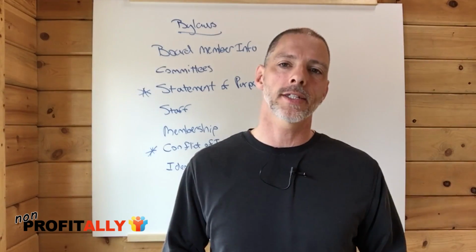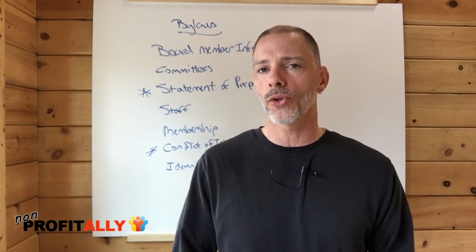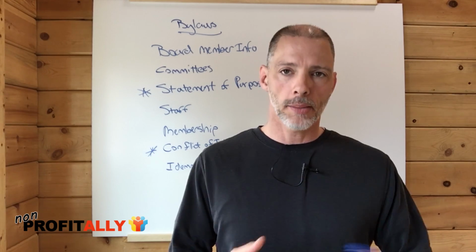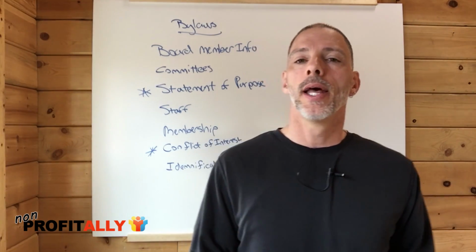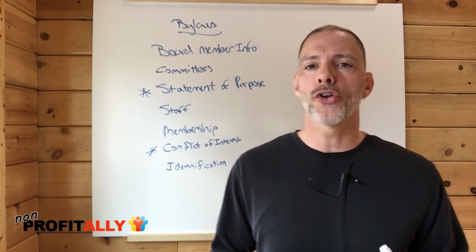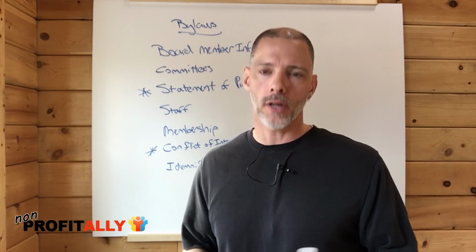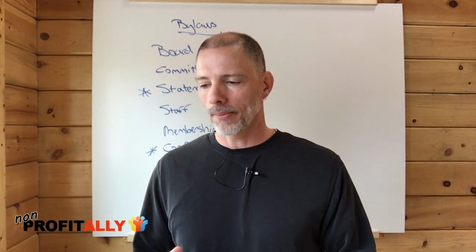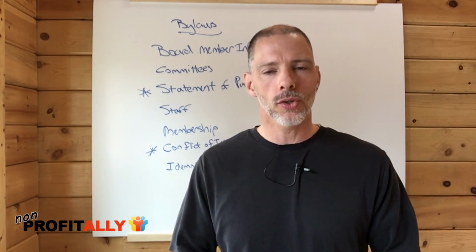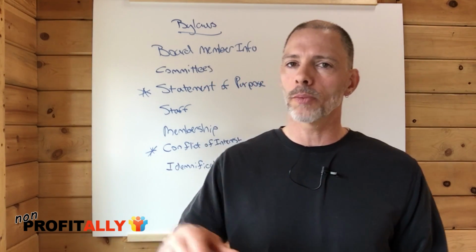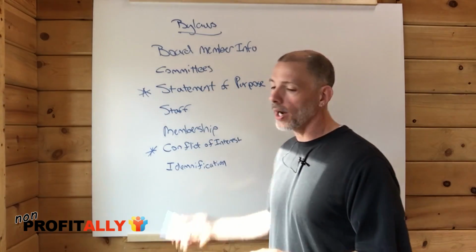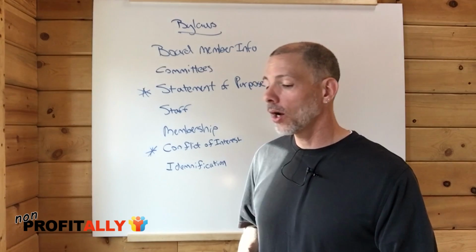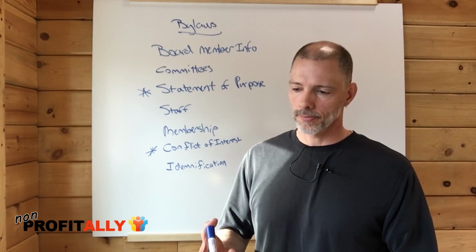So it's basically stating that if something happened with your corporation and somebody wanted to sue you or some legal matter happened, the individual board members are not liable for the actions of the corporation. There's more to it than that. It's a legal term, so I define it a little bit in the blog post linked down below, but basically you want some type of indemnification clause within your bylaws.